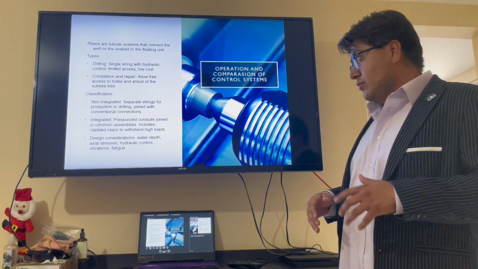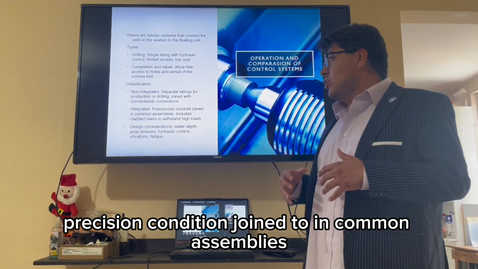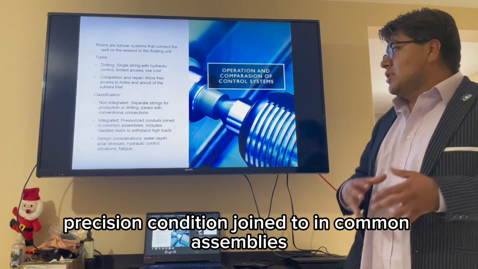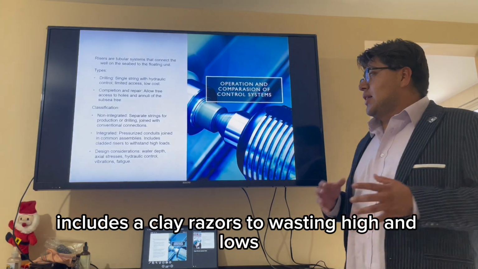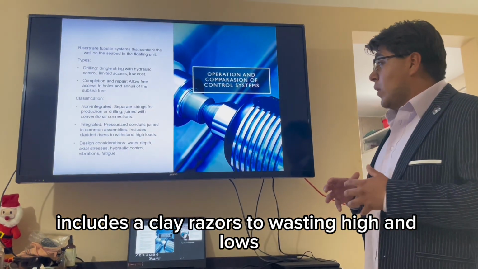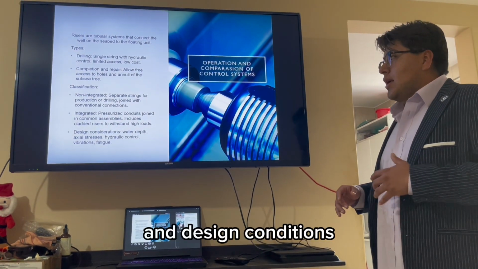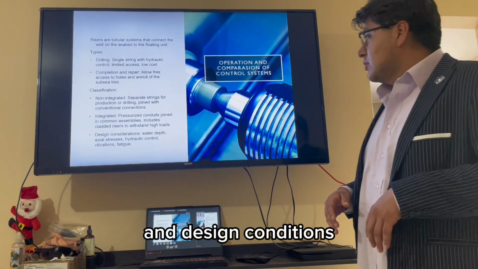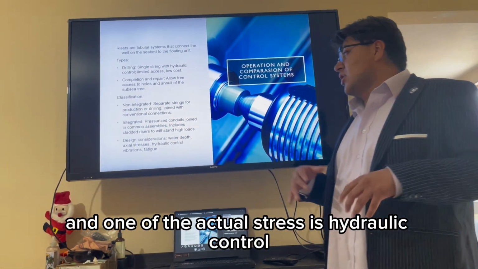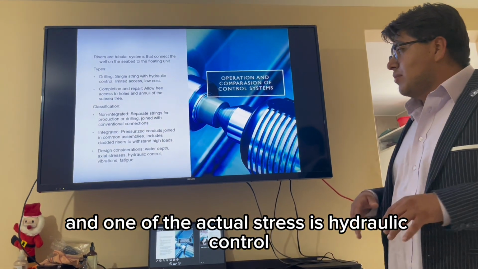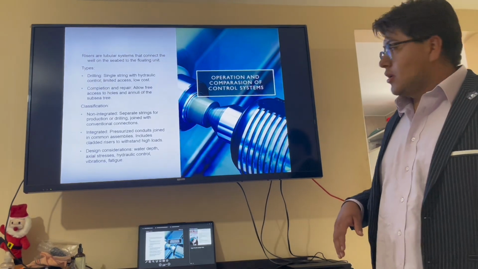Integral, pressurized conduction joined in common assemblies, includes risers designed to withstand high loads, and design conditions: water depth, axial stress, hydraulic control, vibrations, and fatigue.